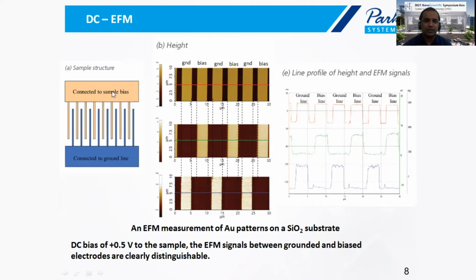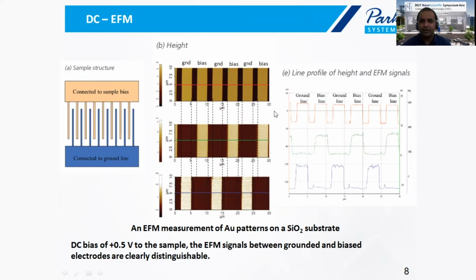And the opposite electrodes are your biasing lines. Now, if you take the height image of these golden electrodes, then the height image is given by the top figure right here, where you have these alternate ground and bias lines.